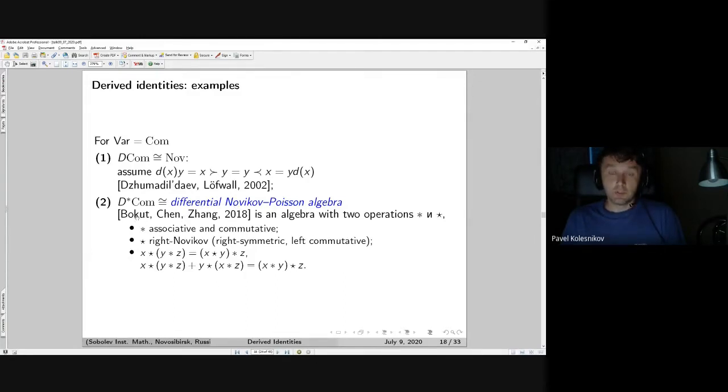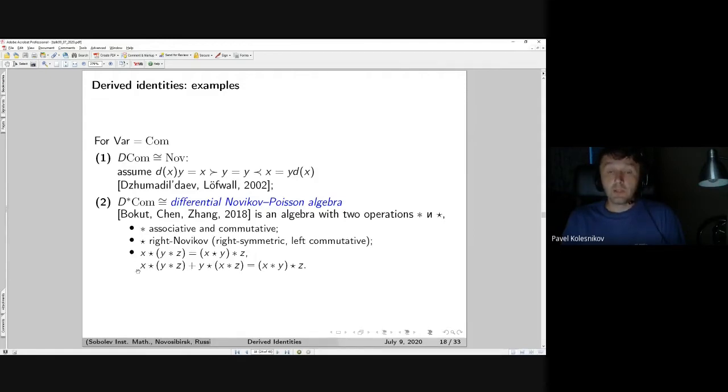Also considered in a paper by Bokut, Chen, and Zhang, a different paper, however. D star com is a variety of algebras with two operations, say ast and star. One operation is associative and commutative. Another operation is right Novikov. Of course, we may rewrite everything in ordinary Novikov form. Right Novikov means right symmetric and left commutative. It's opposite to Novikov algebras.